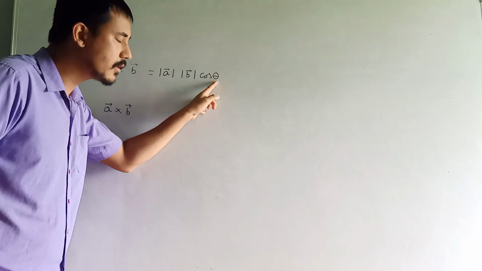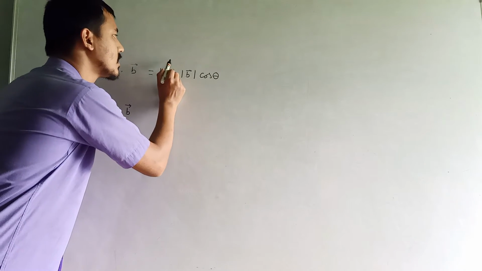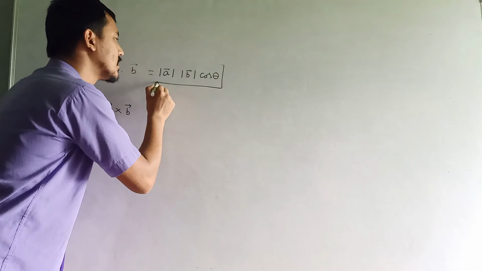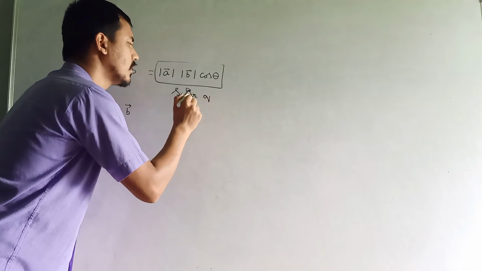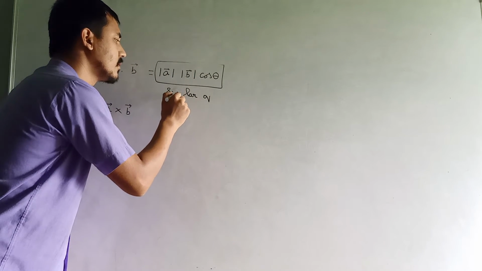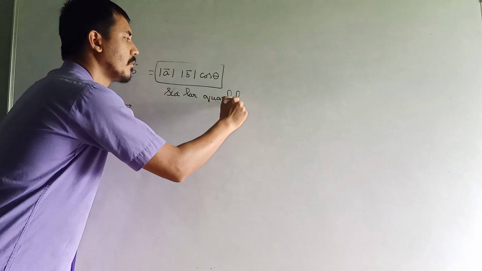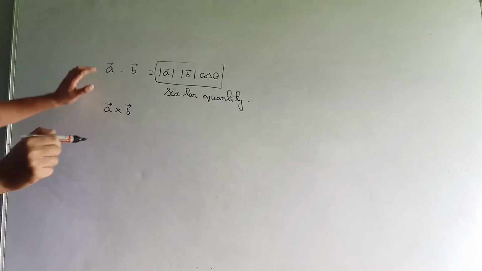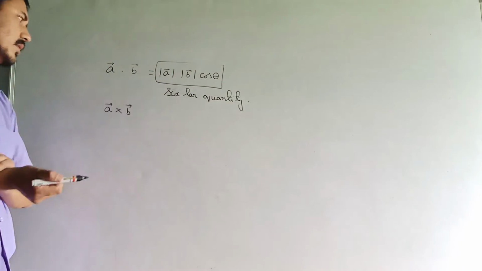Cos of some angle will always give us a scalar quantity, right? It means this entire right hand side is a scalar quantity. That is why we also call A dot B a scalar product, because it gives us a scalar quantity.